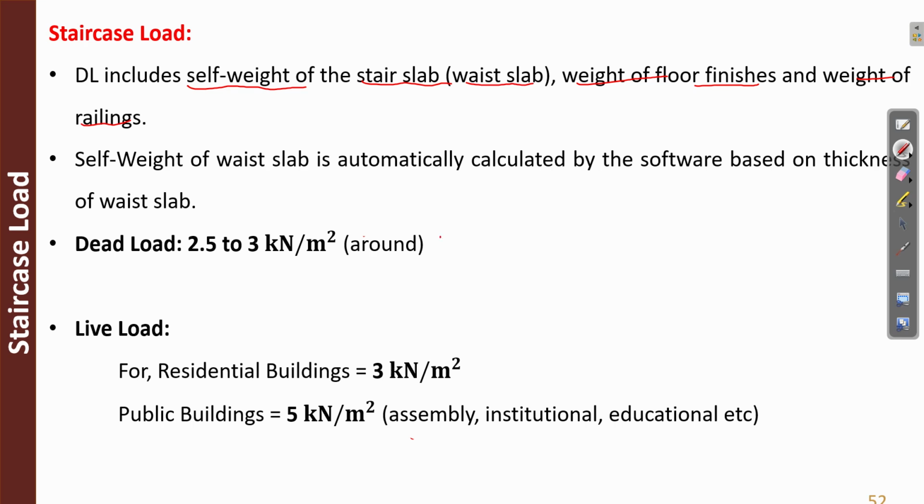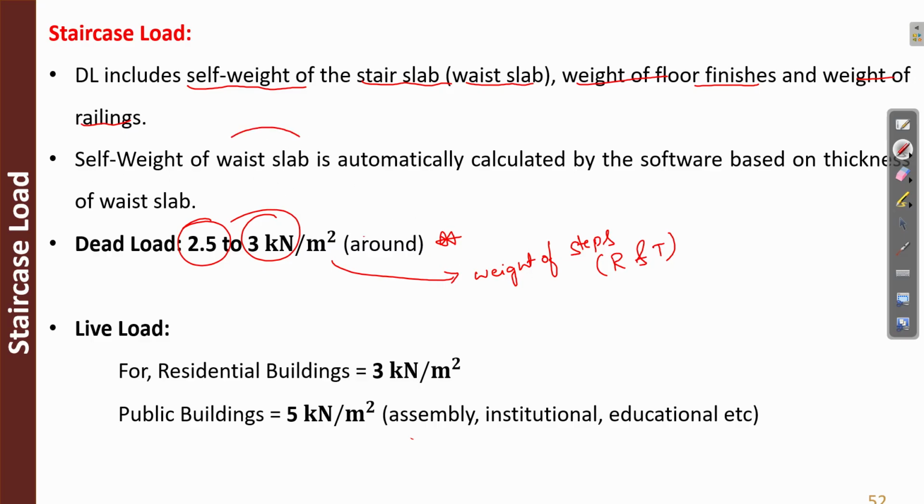So for staircase, we consider a dead load of 2.5 to 3, which means the weight of steps, which means weight of riser and tread. So 2.5 to 3.